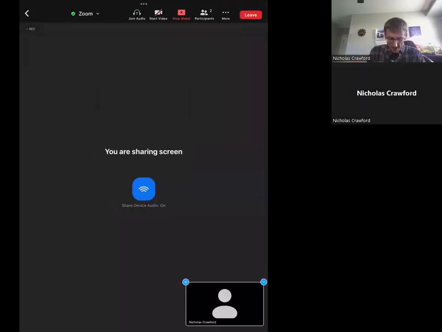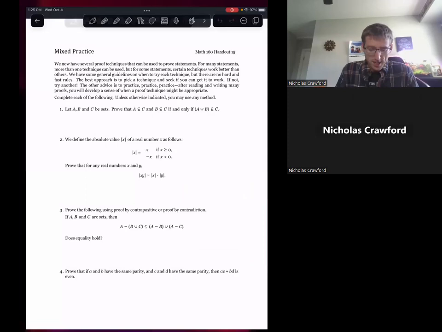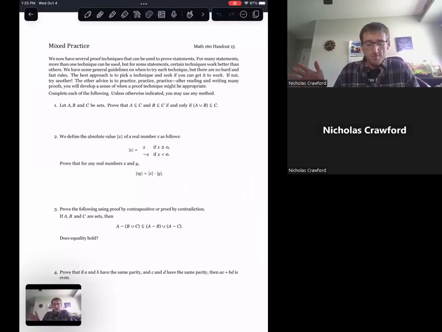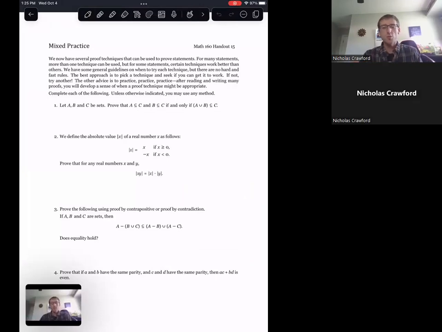So the first one, if you're looking at it, it doesn't tell you what to do. It just says, I have these sets, do something with them. And with sets, there's really only one way. You have to let an element be in the first set, prove it's in the second set.